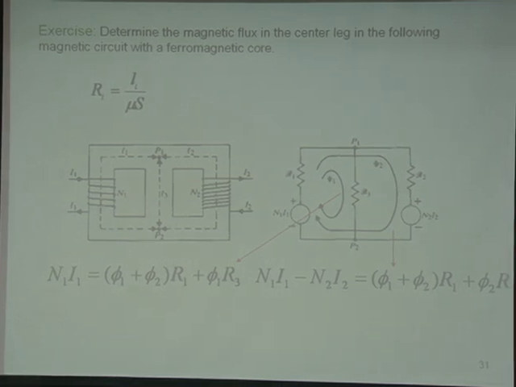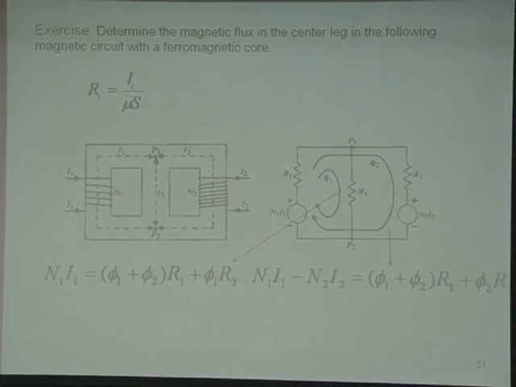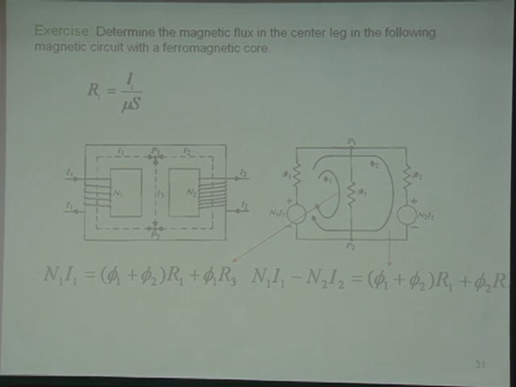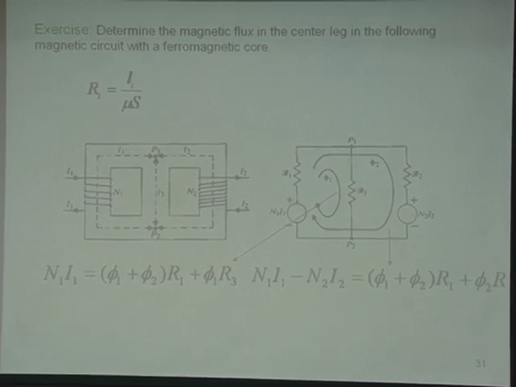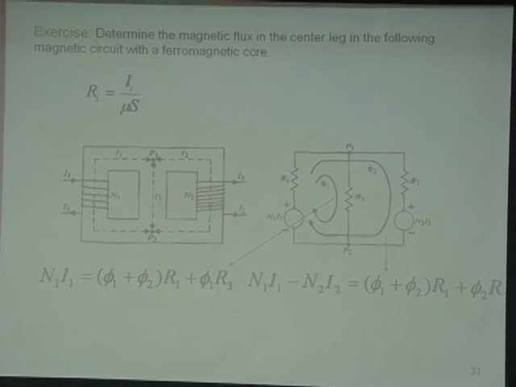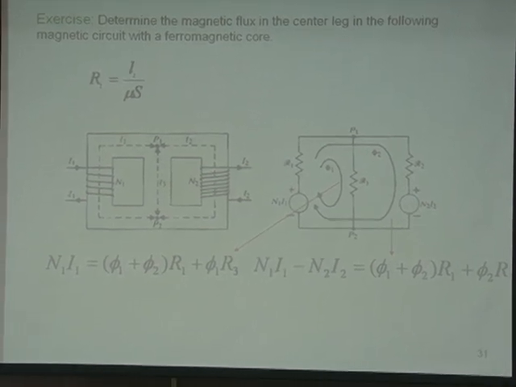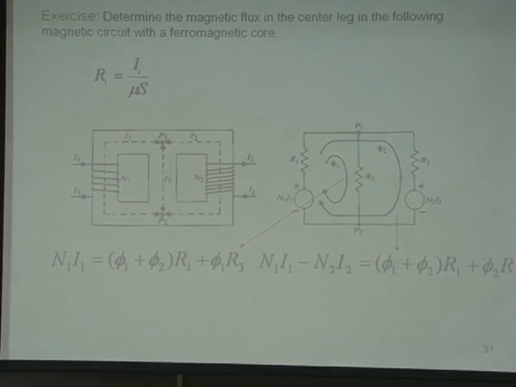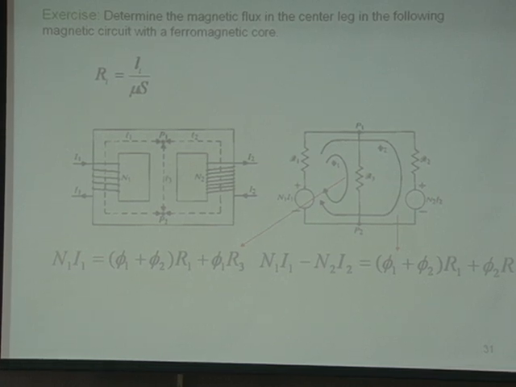So basically, you are doing this. Summing over all the VMMF, and on the right hand side you have R I and then phi I.